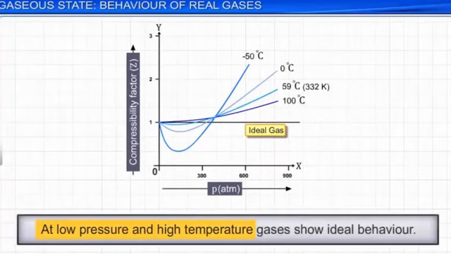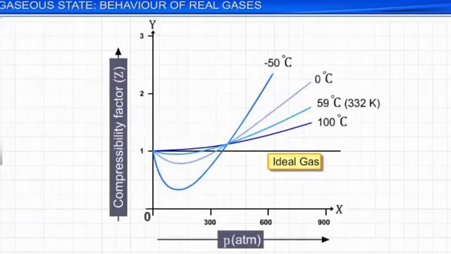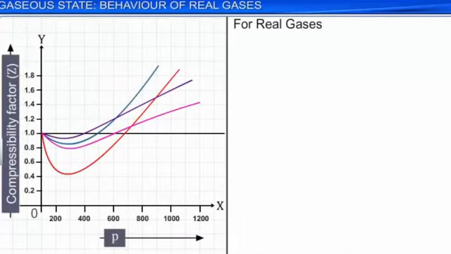Let us see another significance of the compressibility factor. We know that the compressibility factor for a gas is calculated as Z is equal to PV divided by nRT.